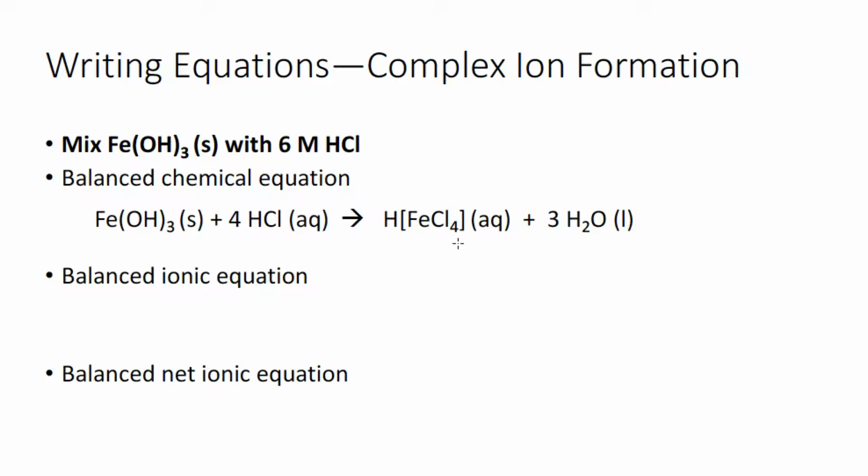It's FeCl4-, and so it has one proton attached to it to balance out that charge. And then we've got 3 molecules of water. So go ahead and take a minute and write out for yourself what you think the ionic equation is and what the net ionic equation is. Pause the video for a minute and then you can come back.